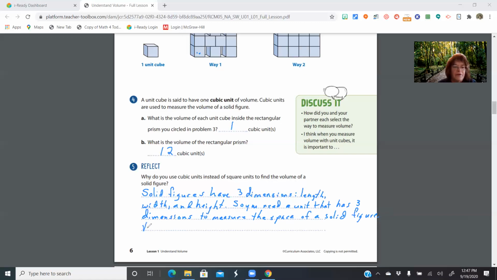So we could say a unit cube has 3 dimensions. On the other hand, a unit square only has 2 dimensions.